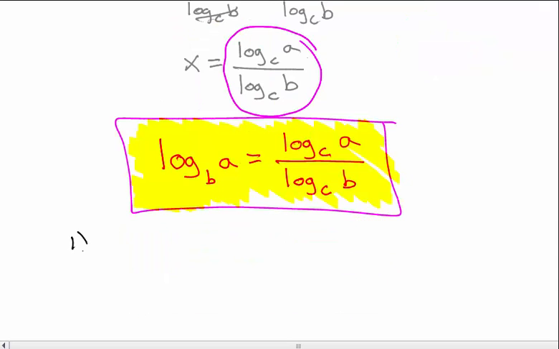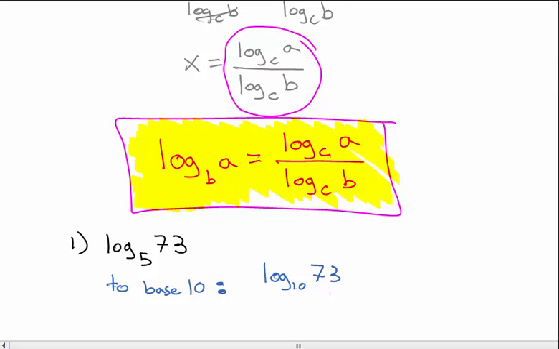So in other words, if we wanted to write log base 5 of 73 with base 10, we would say log base 10 of the 73, of the inside stuff, divided by log base 10 of the base, which is 5.